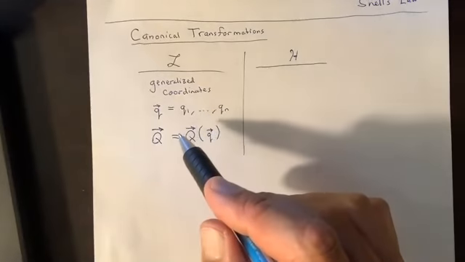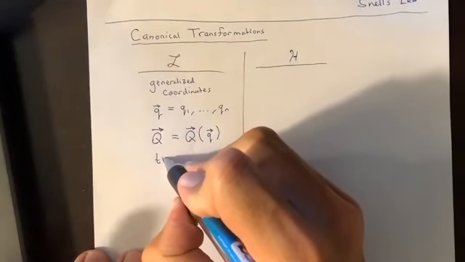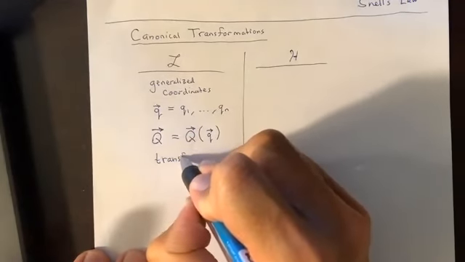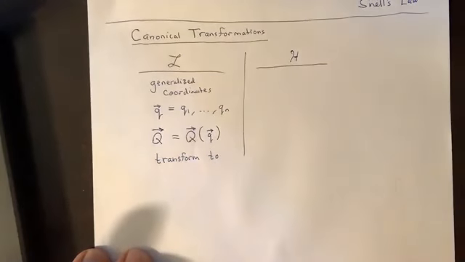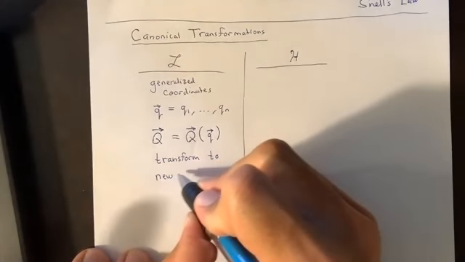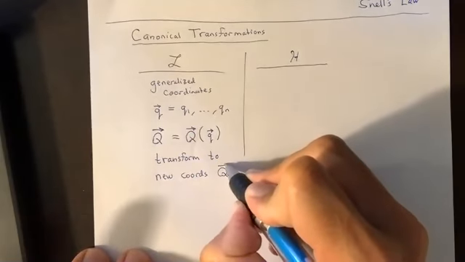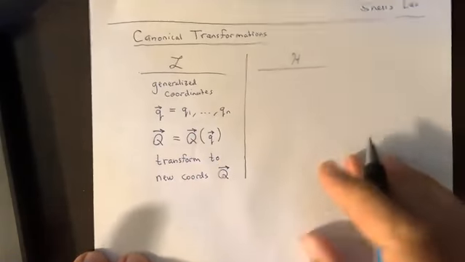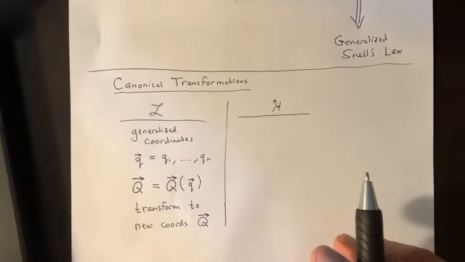We've introduced a new choice of generalized coordinates, so you can transform to the new coordinates, capital Q. In the Hamiltonian formulation, there's a larger class of transformations.